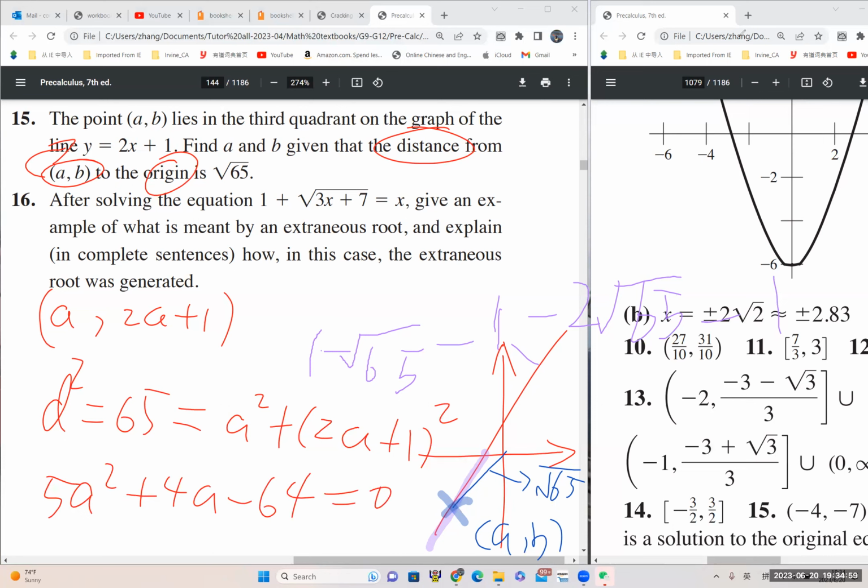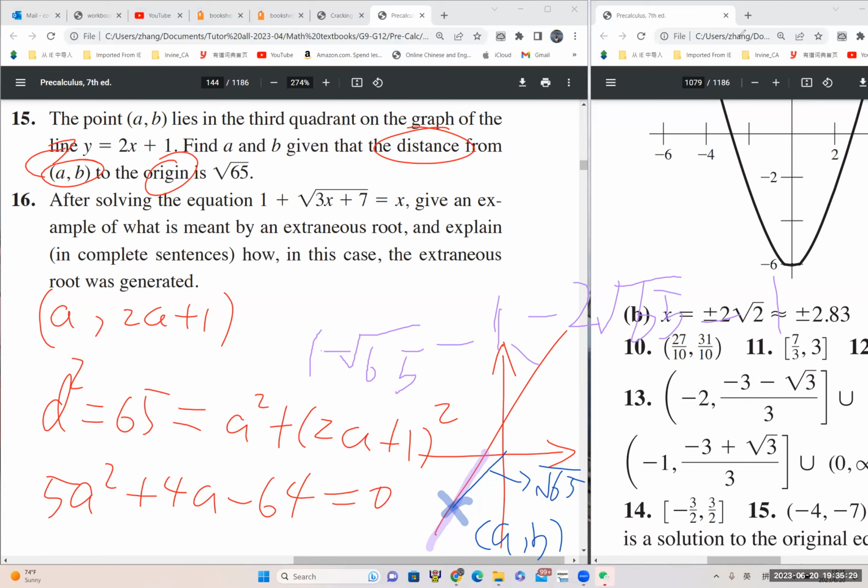Now who can solve this quadratic equation? If not using the quadratic formula, maybe we can factorize it, right?